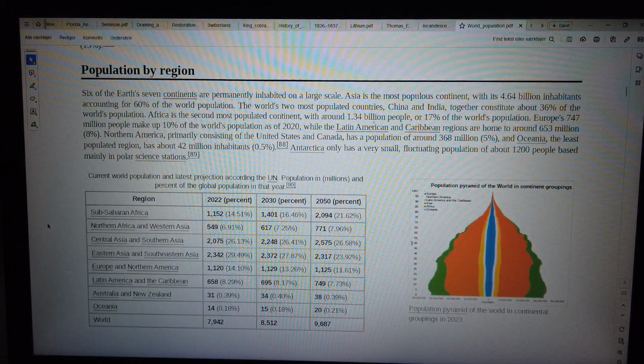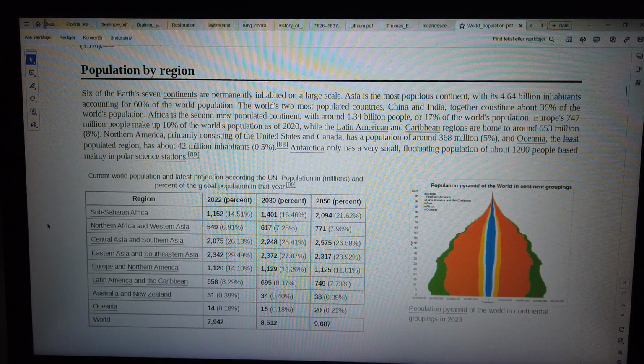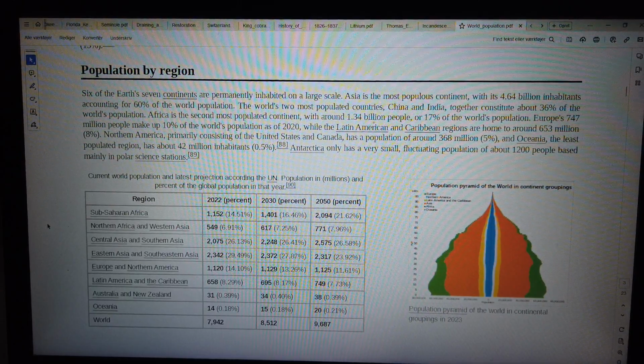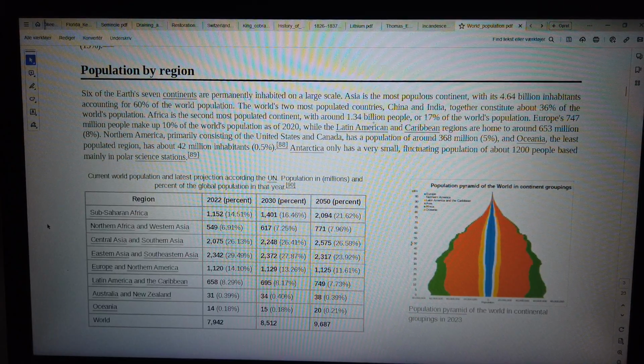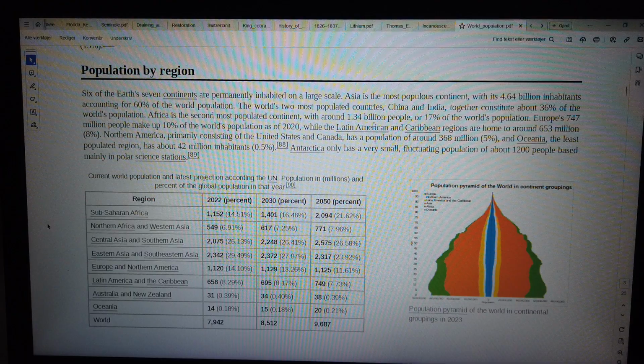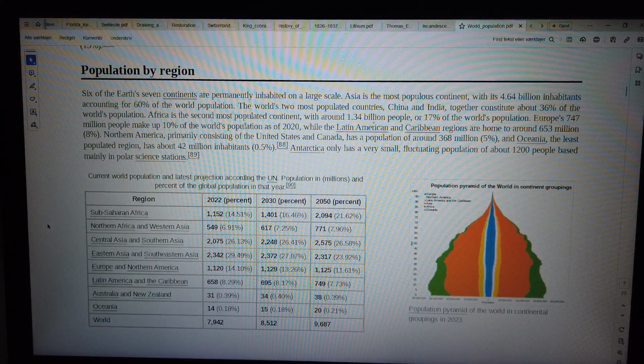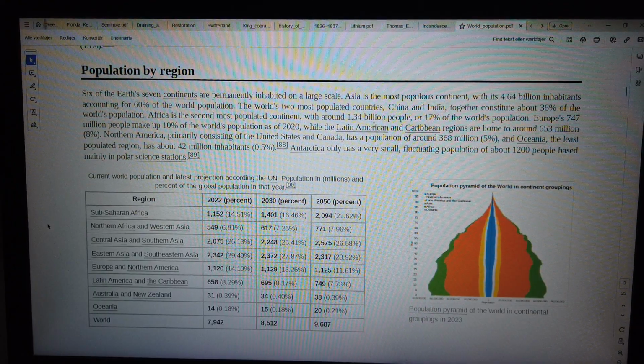Northern America, primarily consisting of the United States and Canada, has a population of around 368 million, 5%, and Oceania, the least populated region, has about 42 million inhabitants, 0.5%. 88. Antarctica only has a very small, fluctuating population of about 1,200 people based mainly in polar science stations.